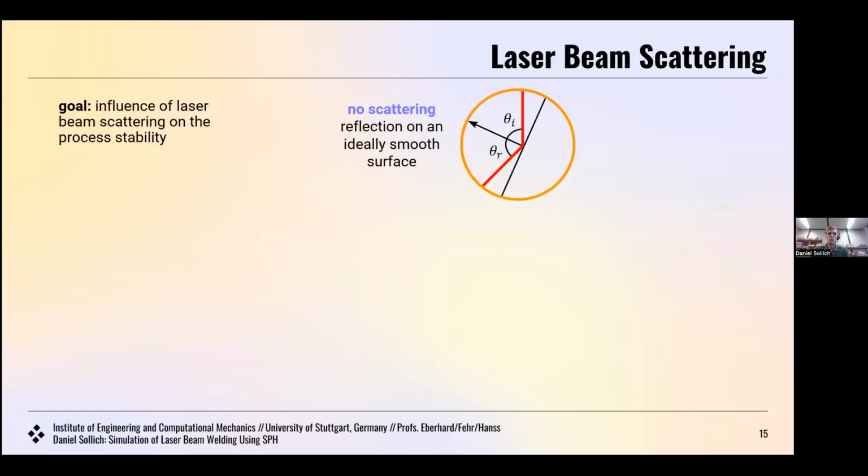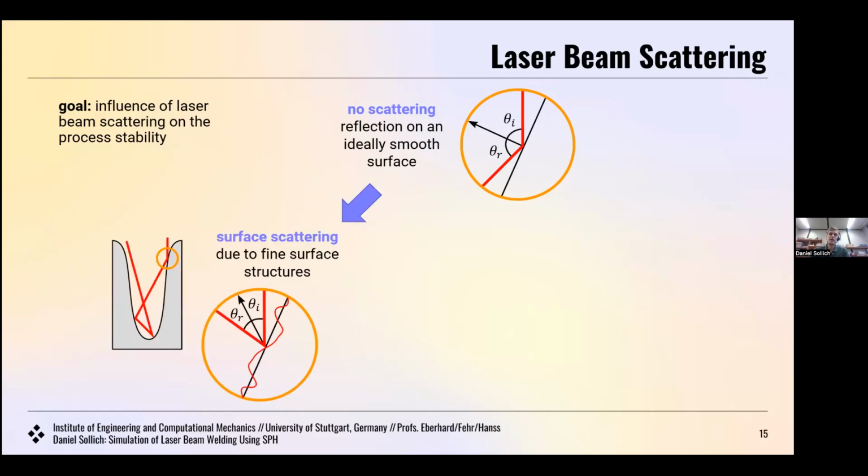So now I come to the second application example, the influence of the laser beam scattering. Normally, for our ray tracing approach, we assume reflection on an ideal smooth surface.